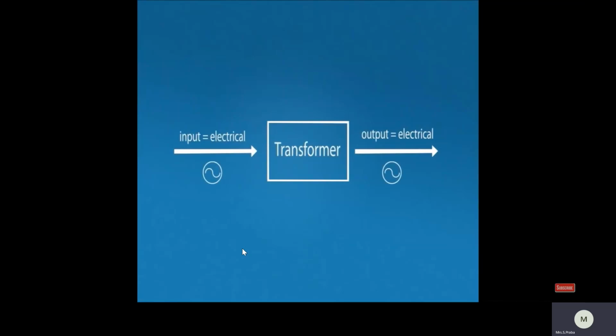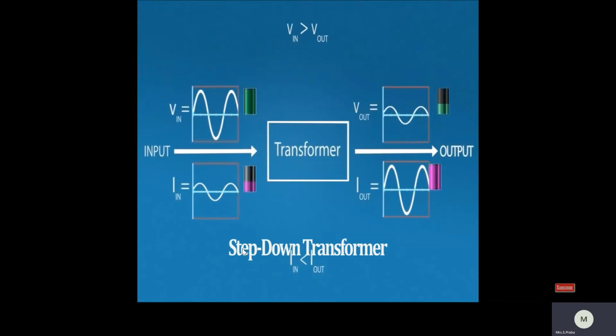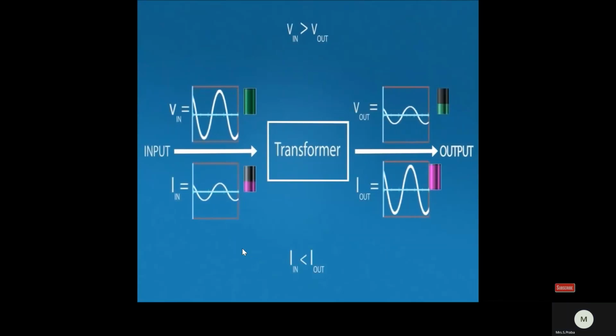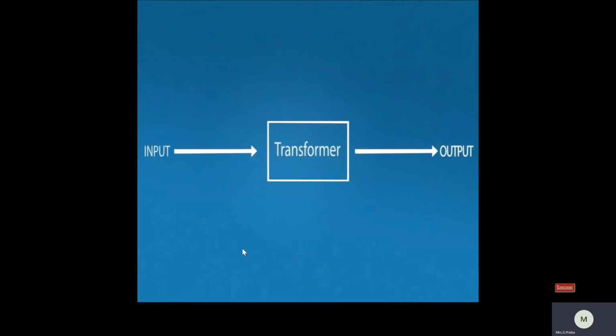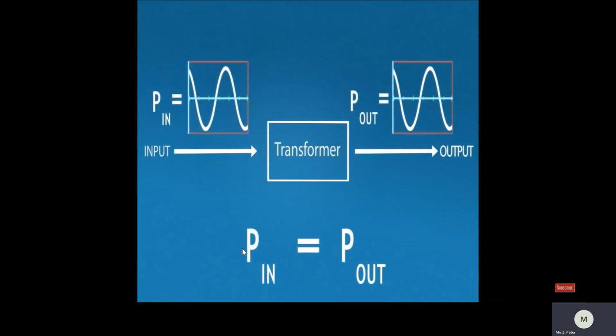Primarily, transformers are used to change the level of voltage and current. For example, in the case of a step-down transformer, the input high voltage is transformed to a low voltage, whereas the magnitude of current increases, because input and output power has to remain the same.